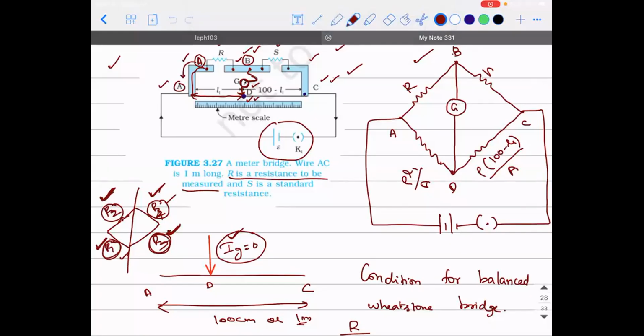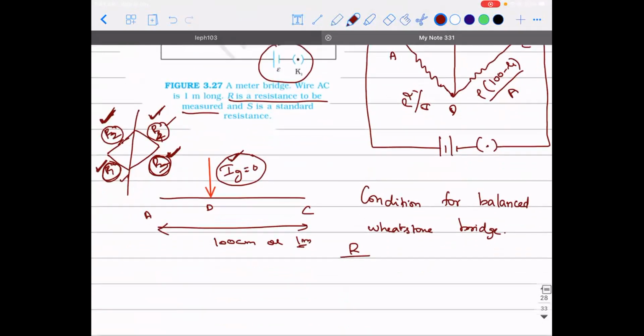If you break it into 2 equal parts, the ratio of the resistances on the right hand side will be equal to the ratio of the resistances on the left hand side, provided you take them in the same order. When I say same order, upper by lower will be equal to upper by lower. Okay, sir, understood.